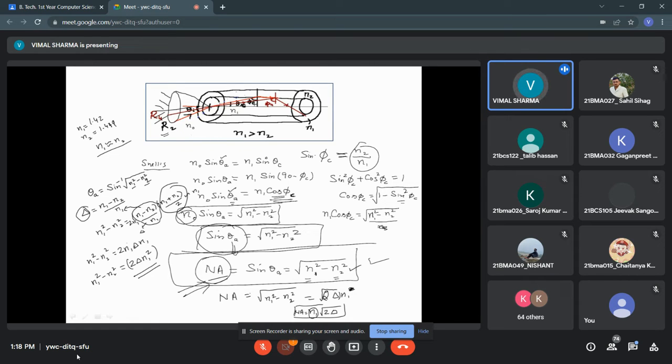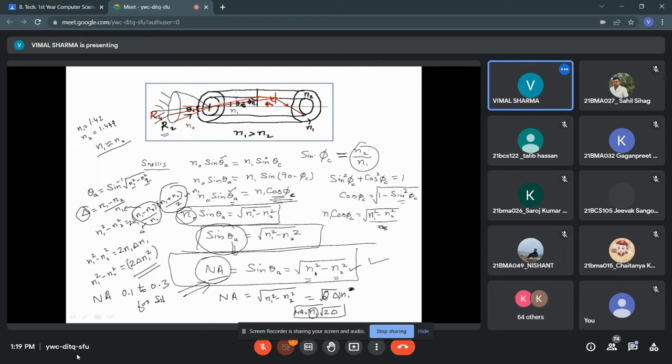That is what manufacturers really do. And numerical aperture can be changed over a relatively wide range for silica, from 0.1 to 0.3 for silica fiber. This is for silica.